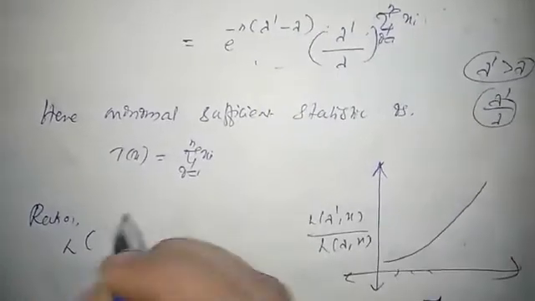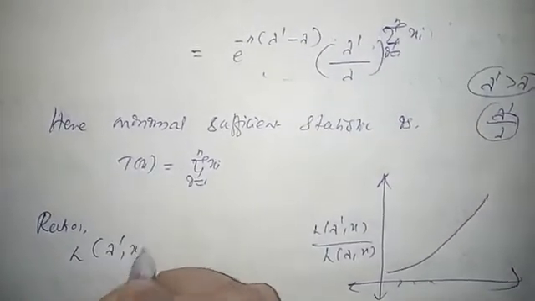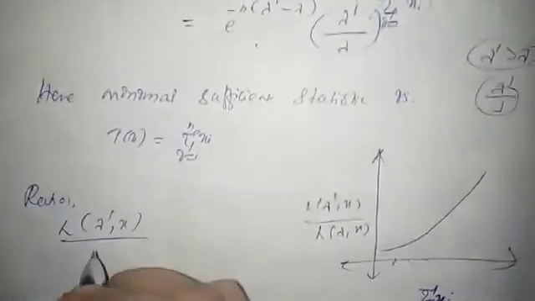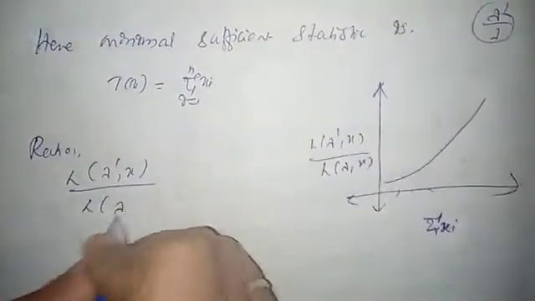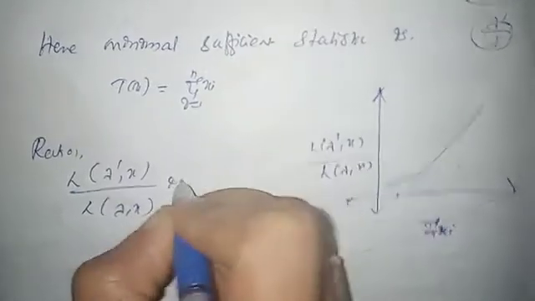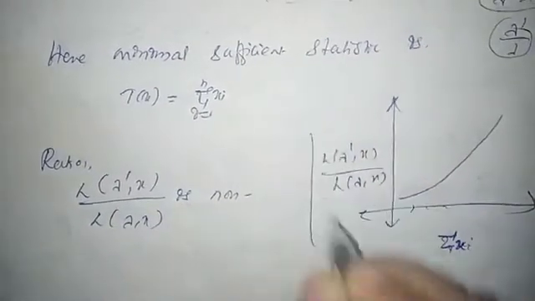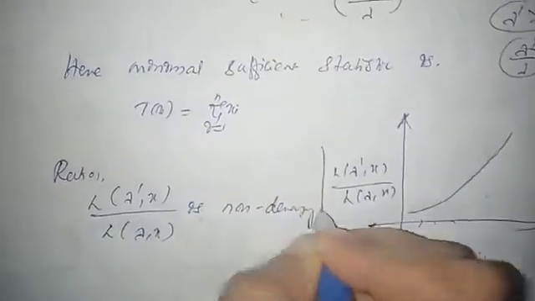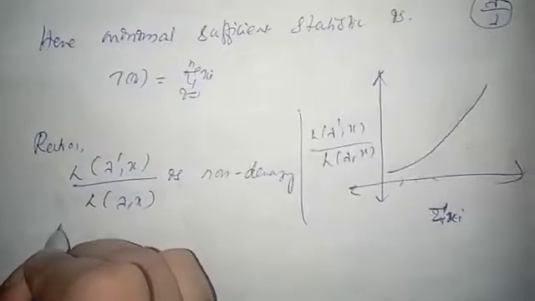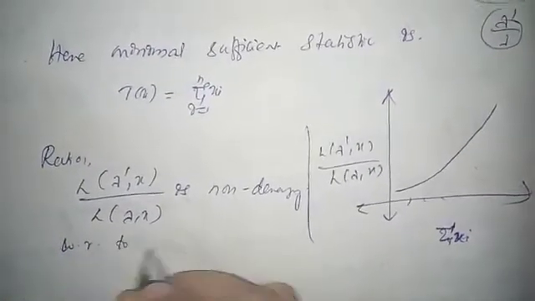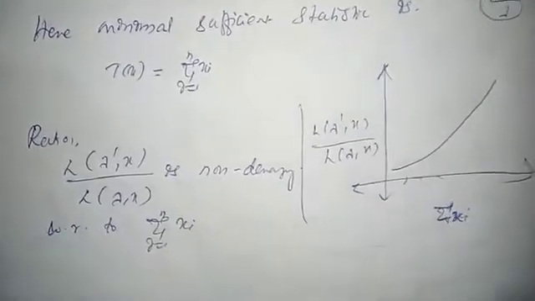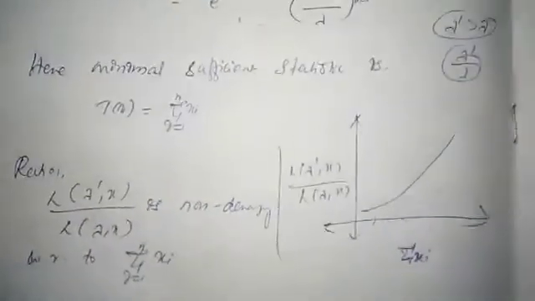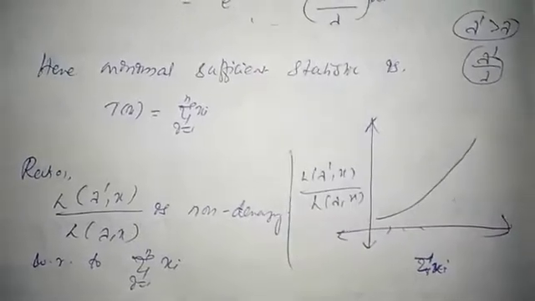The likelihood ratio, L dash of lambda dash x over likelihood under lambda of x, is non-decreasing with respect to summation i = 1 to n xi.